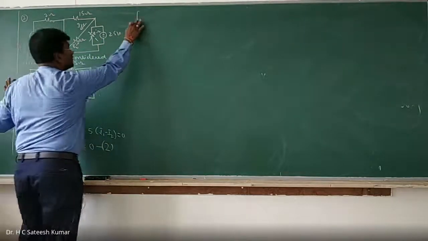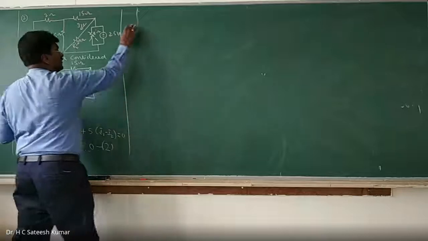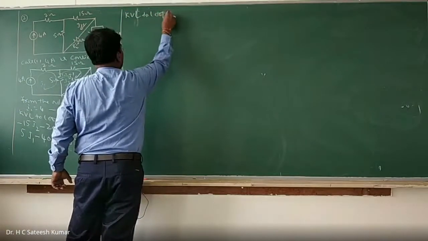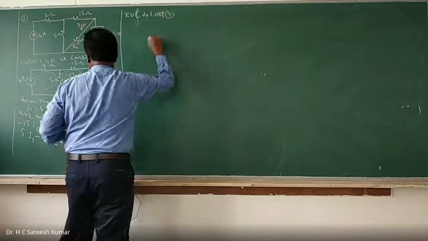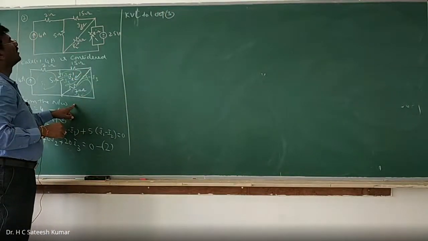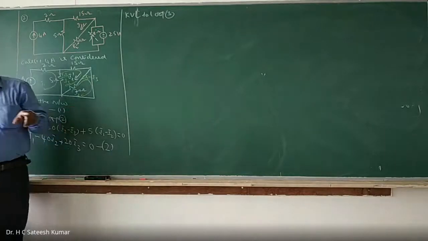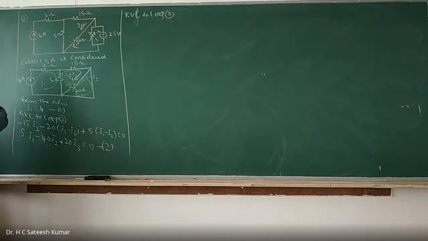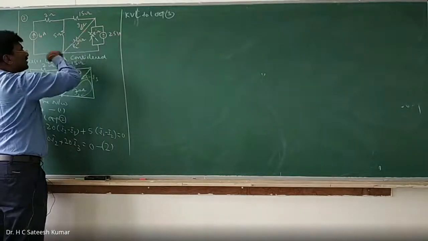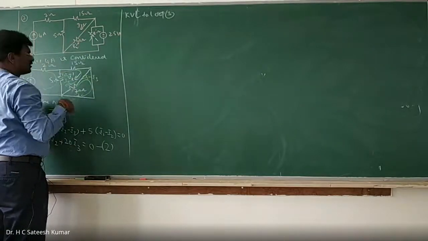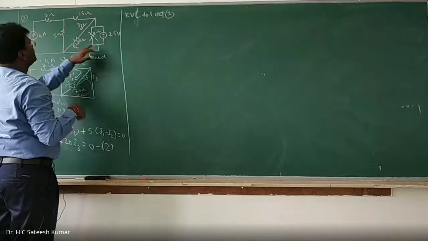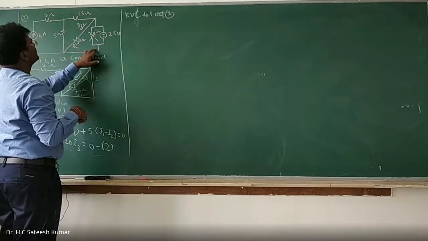Next, KVL to loop 3. Start from this point. We don't have anything here. Since this is shorted, the current is 0 in this.